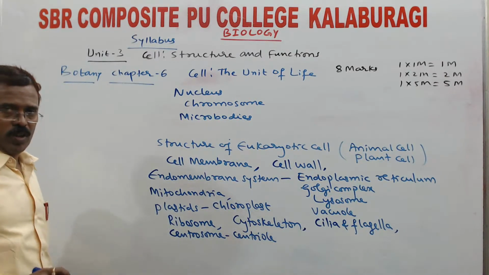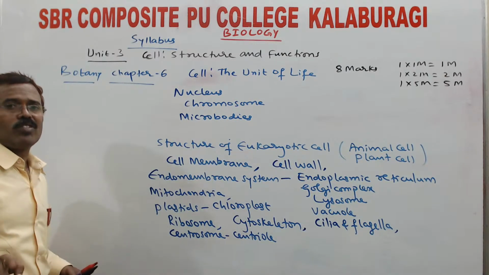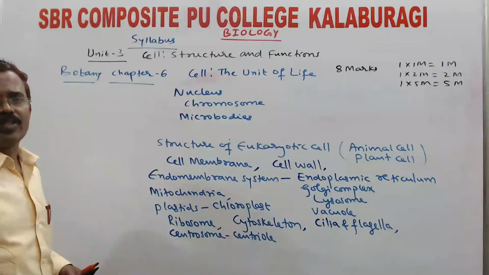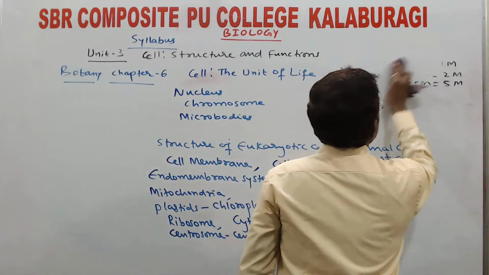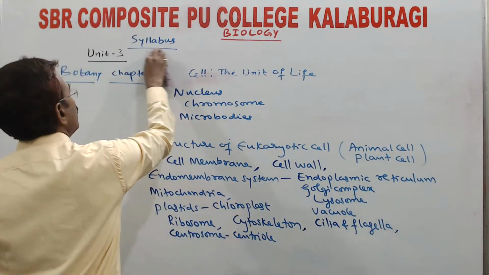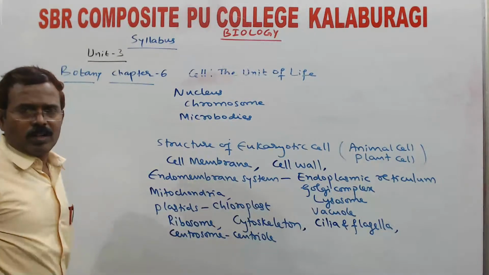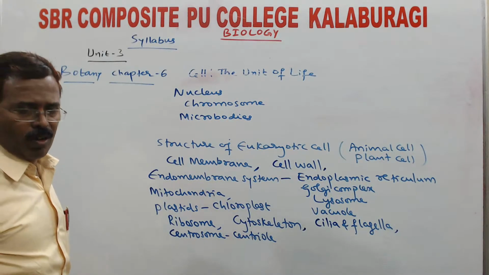So 6 chapters over, 5 more chapters are there. That comes in total plant physiology. Unit 5 is total zoology, human physiology, 7th chapter, all zoology topics.